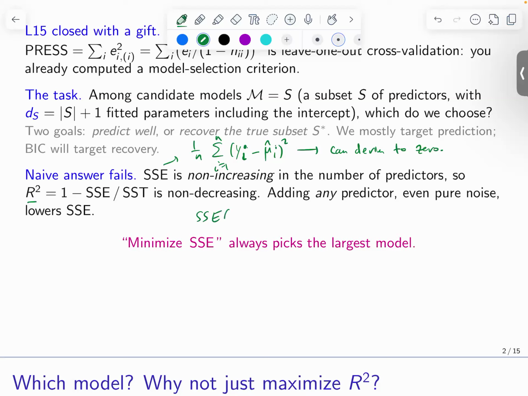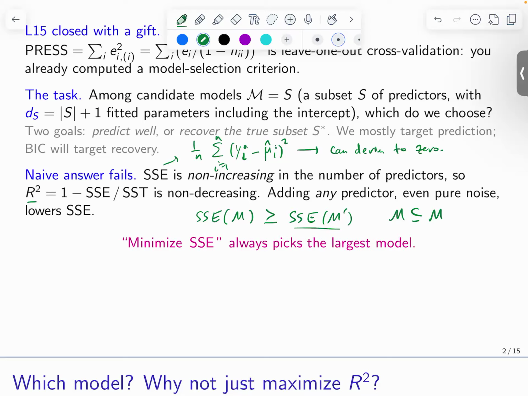So SSE of M prime would be less than or equal to SSE of M if M is a subset of M prime. If one model is included in the other, which means that the subset of predictors is included in the other, then the SSE is non-increasing as the model grows.